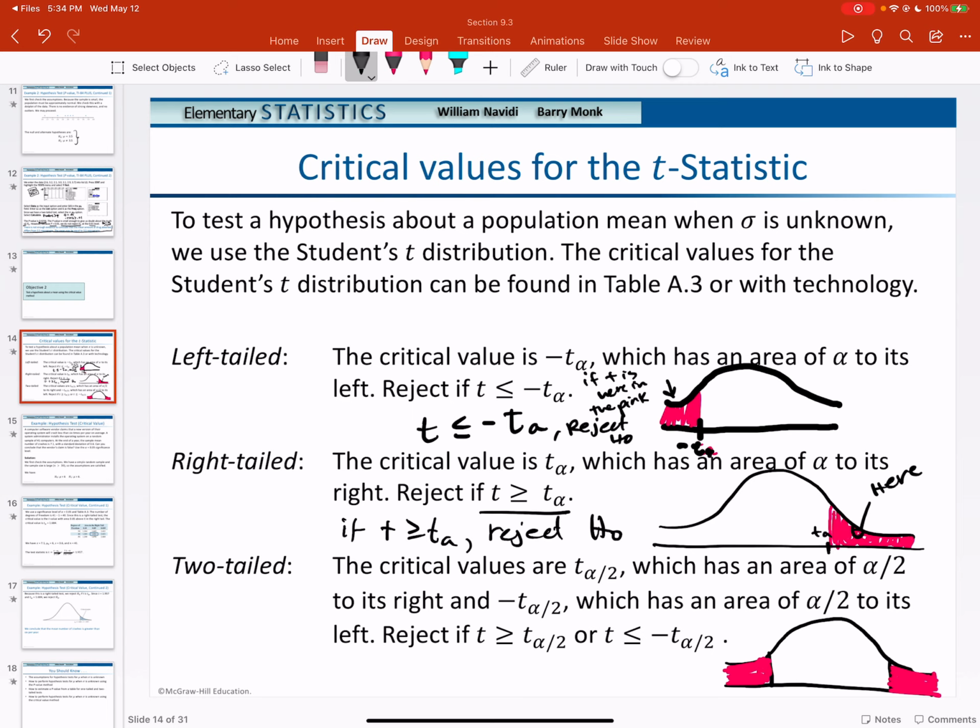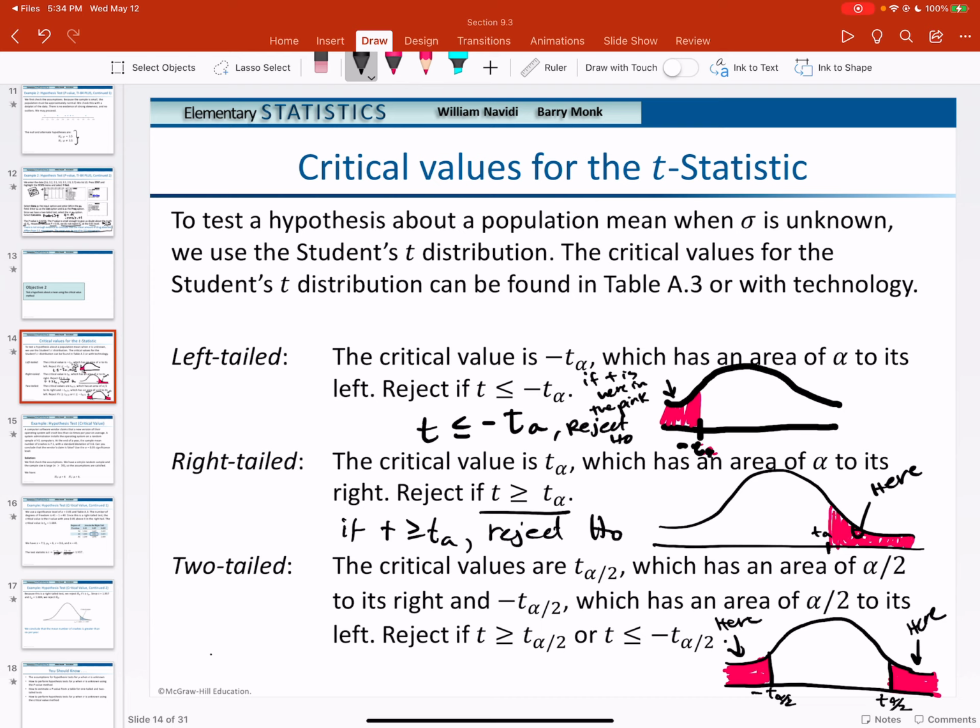So here, what's the value here? That's negative T sub alpha over 2 right there. And this is positive T sub alpha over 2. So if the T is here in the pink or here, we would reject.